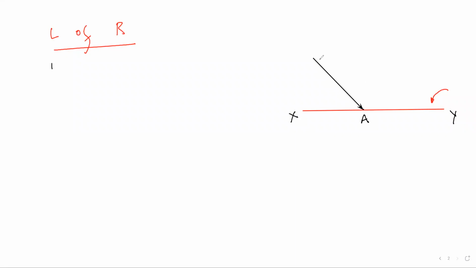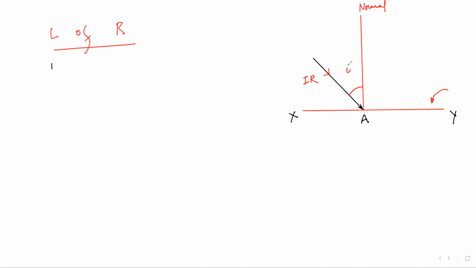And what is the angle of incidence? If you want to measure the angle of incidence, from point A draw a normal to the plane XY. Remember, the angle of incidence is the angle between the incident ray and the normal.